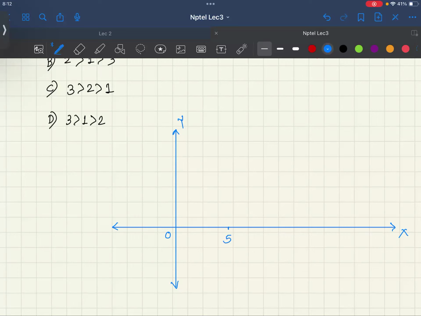This is 5, this is 10, this is 15, this is 20. Okay, so it starts like this. Let's say it peaks at 10 and then again it goes down. So this is plot number 1.